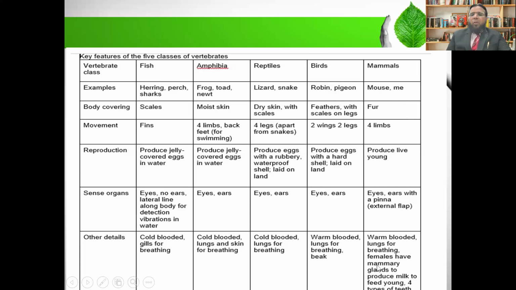They are warm-blooded, with lungs for breathing. Females have mammary glands. So these are the five classes of vertebrates, and these are the distinguishing characteristics of these five classes. Sometimes you're asked what the similarity is. The similarities you can find in the same table, and the differences you can find from the same table.